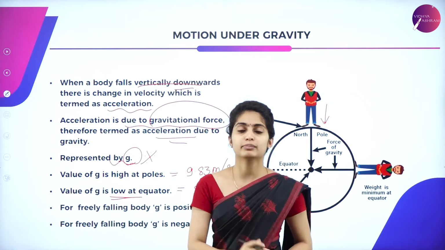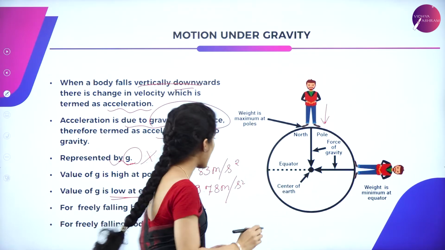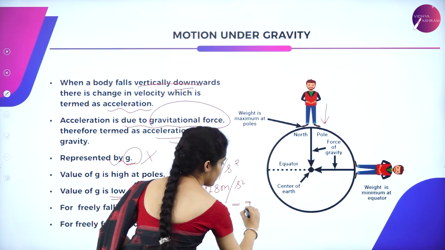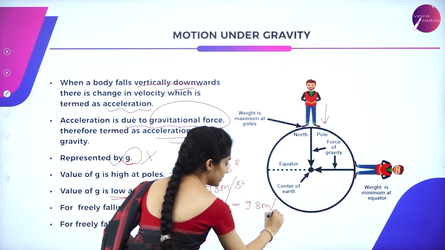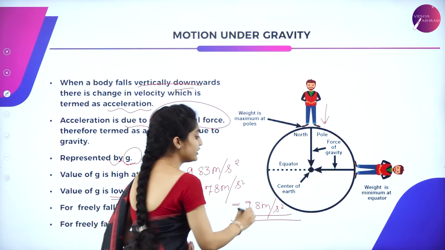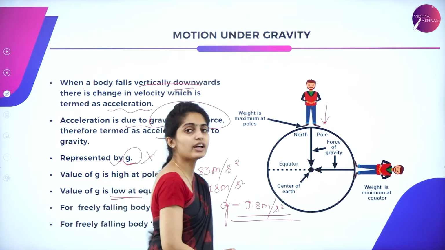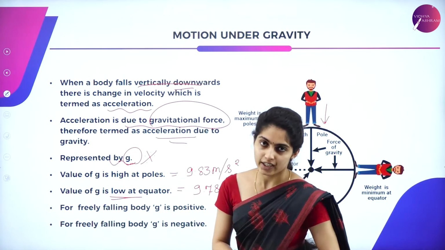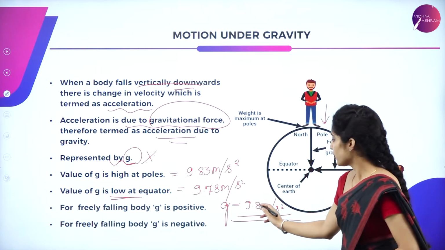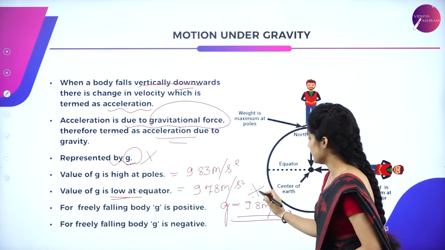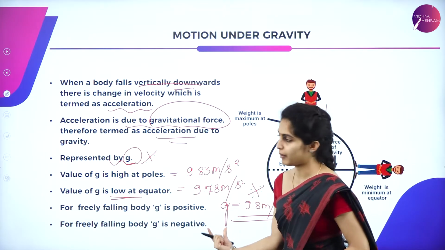But approximately we are considering it as 9.8 meter per second square. This is the standard value we consider for acceleration due to gravity, 9.8 meter per second square. This is what you have to remember.